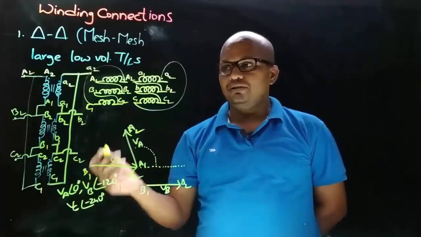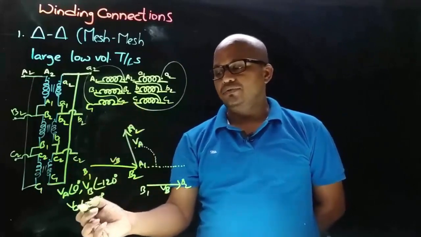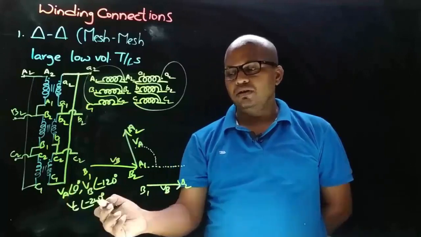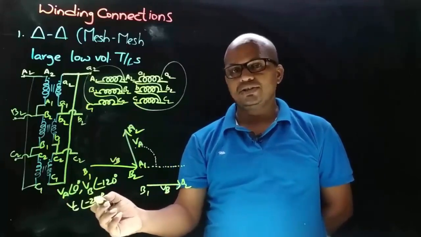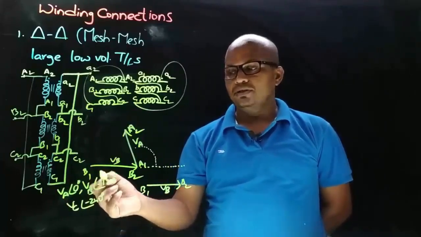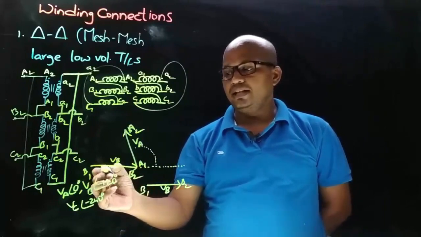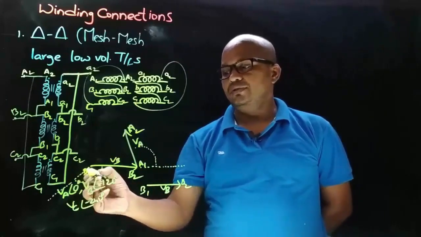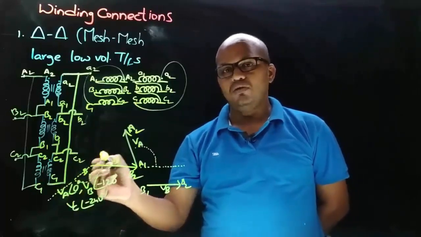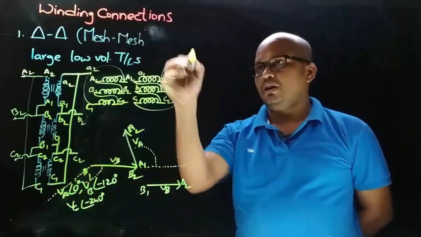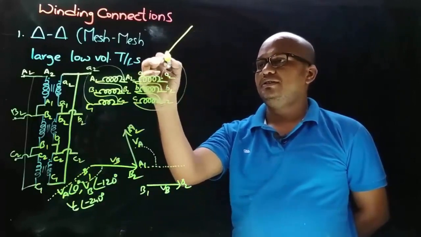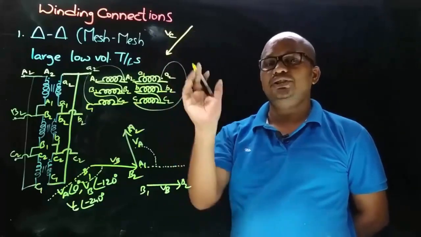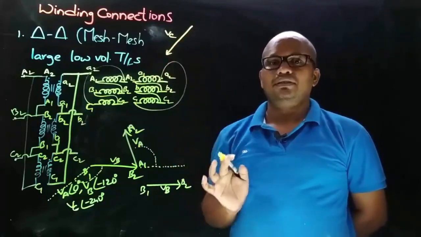And now we need to draw the VC phasor. VC will be at an angle of minus 240 degrees from VA, or we can take it at an angle of minus 120 degrees from VB. So from VB at an angle of minus 120 degrees, in the clockwise direction, VC will be along this direction. So our VC is like this, and here we need to decide the terminals.